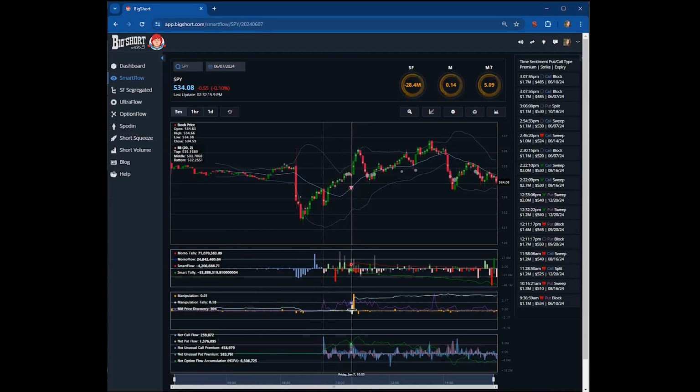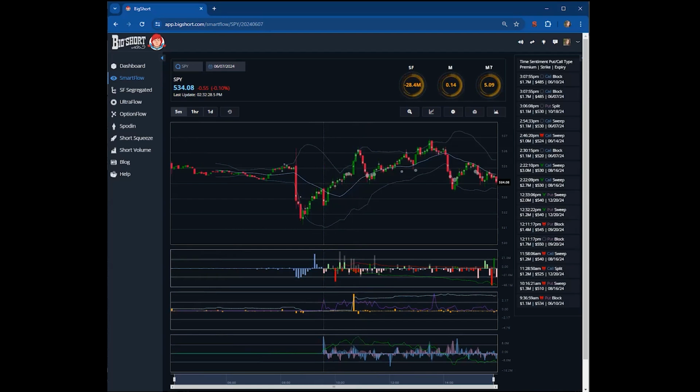So this is our manipulation indicator, and it is an inverse indicator, meaning that when it's positive, that is bearish, and when it's negative, that is bullish. When it comes to manipulation, it's one of our trickier indicators to follow, so I say to always look out for two things.